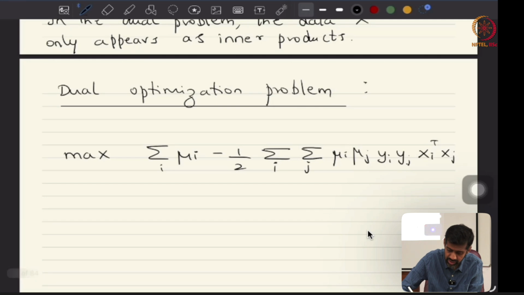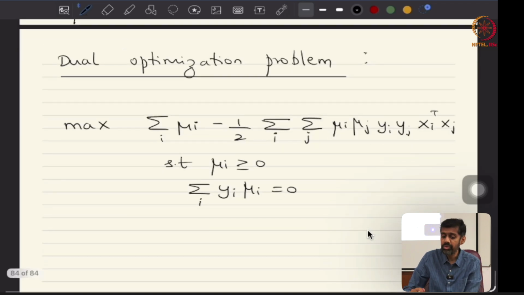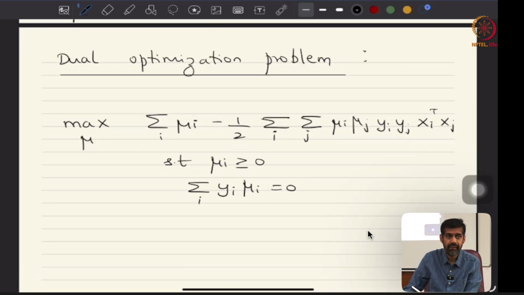Subject to the constraint that all mu i are non-negative. We also have another constraint that the sum of mu i yi has to go to 0. So this is the final problem that we have to solve, and this maximization is with respect to mu. This is the dual problem.